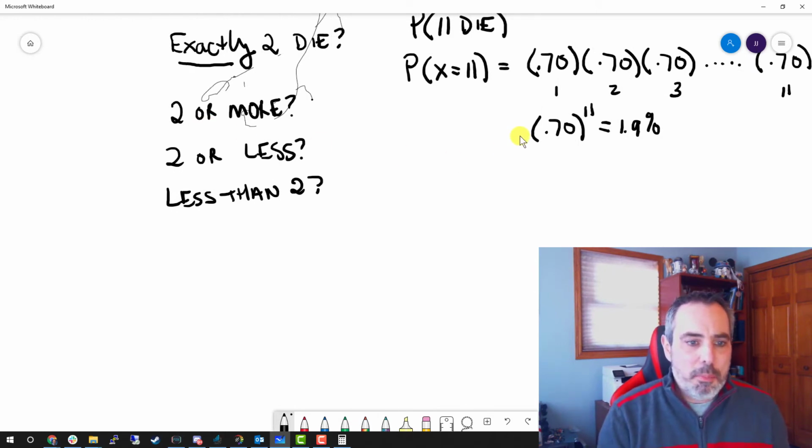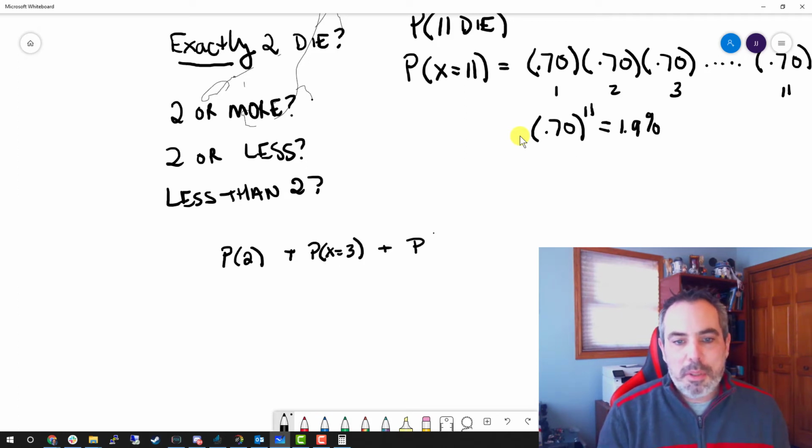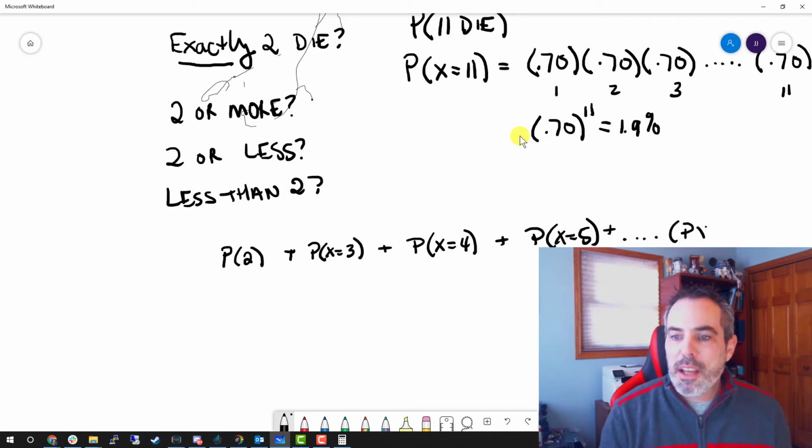Now I'm finding the probability that exactly 2, plus the probability that x equals 3, plus the probability that x equals 4, plus the probability that x equals 5. And you can see how this is going to go all the way on until the probability that x equals 11, right? That's going to be a pain.